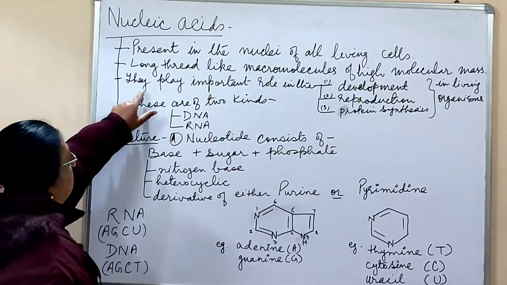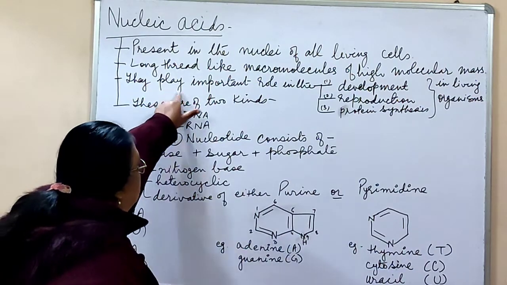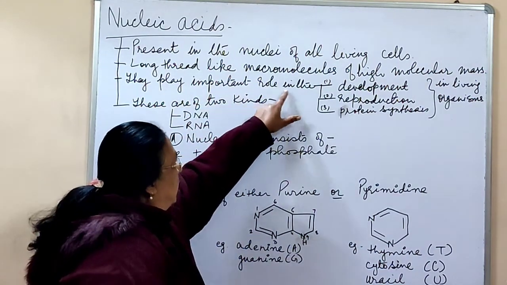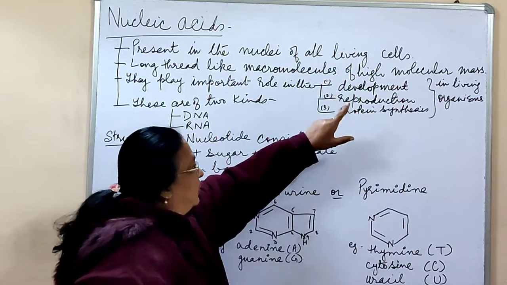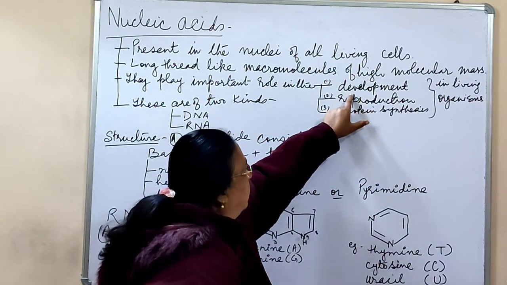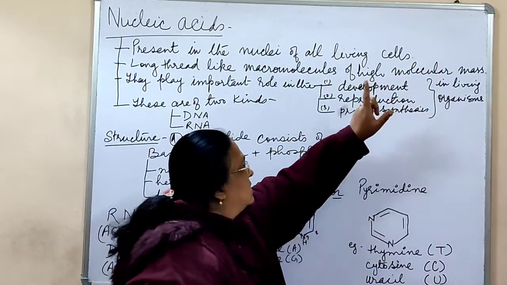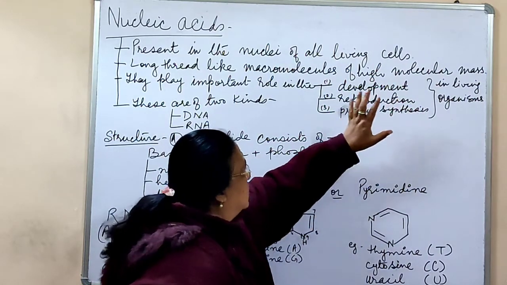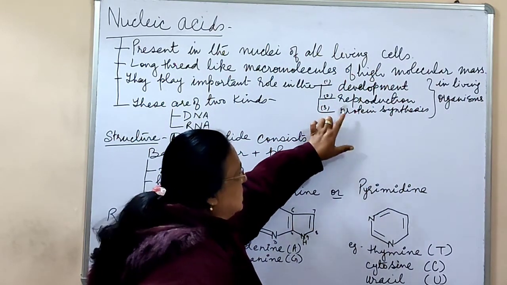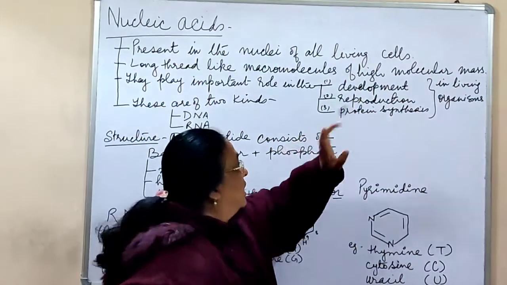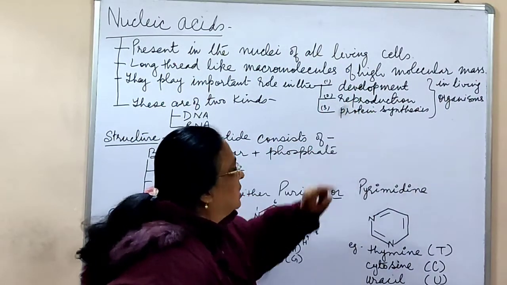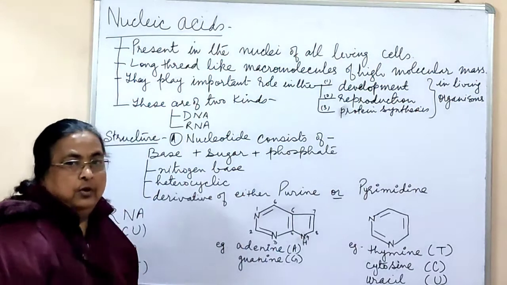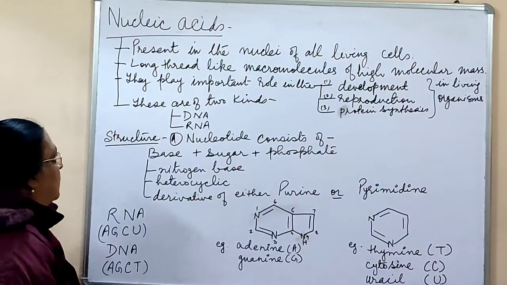And nucleic acids play an important role in three points: the development of living organisms, the reproduction of living organisms, and protein synthesis in living organisms. So these are the three main functions of nucleic acid.